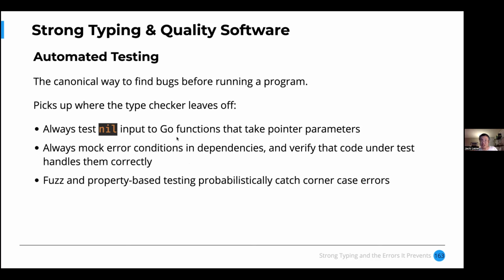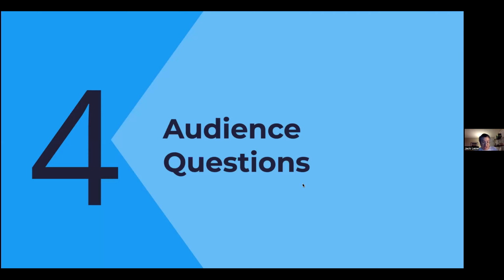The compiler isn't going to catch it if you don't test the nil case. Always mock error conditions, and then do fuzz or property-based testing to give it random values to probabilistically find null pointer exceptions or whatnot. I think that's it. So yeah, I know that was a lot.